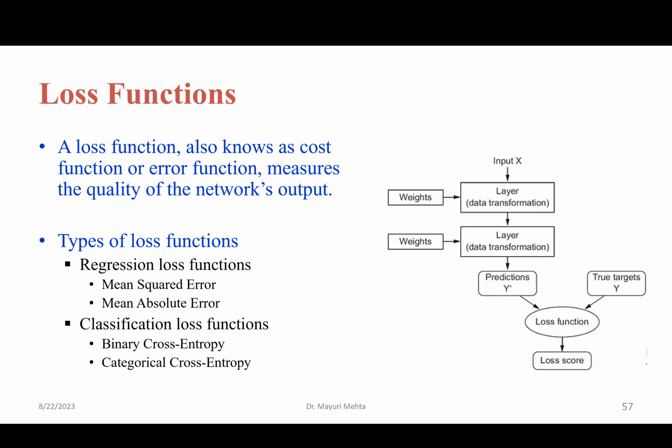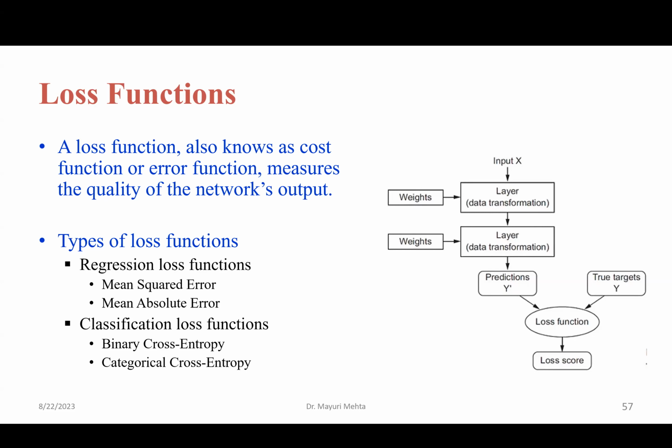Now, it may be any algorithm. It may be, for example, SVM, support vector machine. It may be naive Bayes. It may be that you are training a machine using a neural network. So it determines how well your algorithm is modeling your data set. It is a mathematical function of the parameters of the machine learning algorithm.